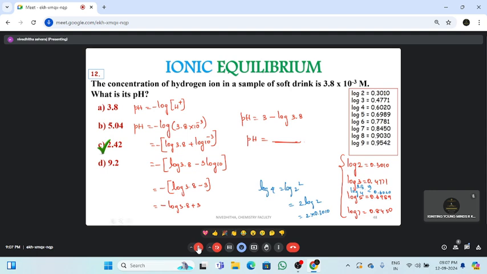Please tell me the value of log 3.8. Any approximate value between 0.4771 and 0.6020. Any random value will do.